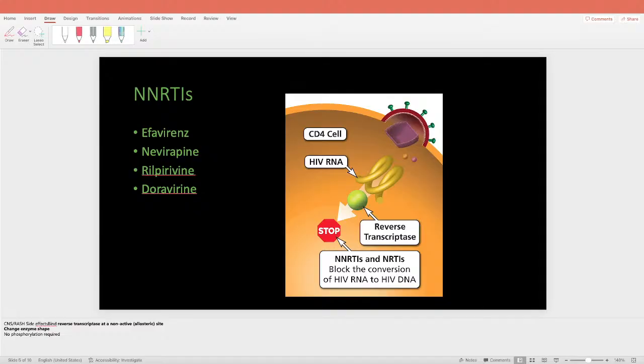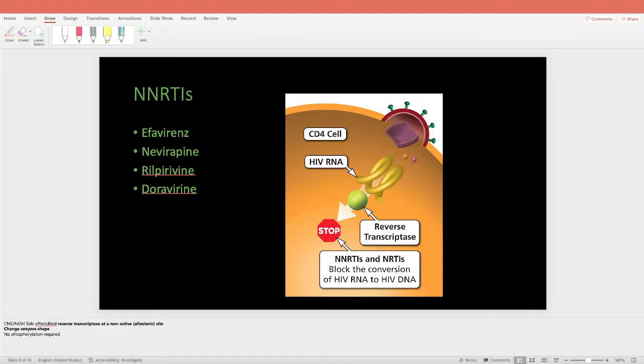So NRTI is nucleotide reverse transcriptase inhibitors, and NNRTI is non-nucleotide reverse transcriptase inhibitors. So which one's going to bind directly to the reverse transcriptase, NNRTI or NRTIs? It's important to know this in terms of mechanism: the NNRTI is going to bind directly to the reverse transcriptase.